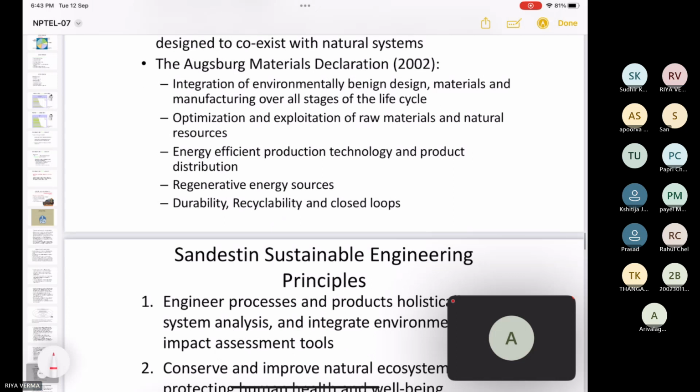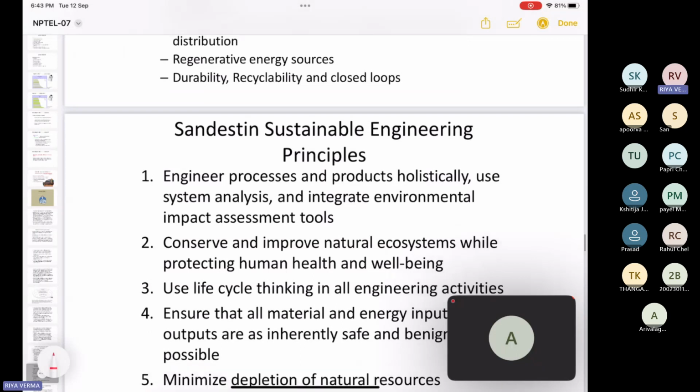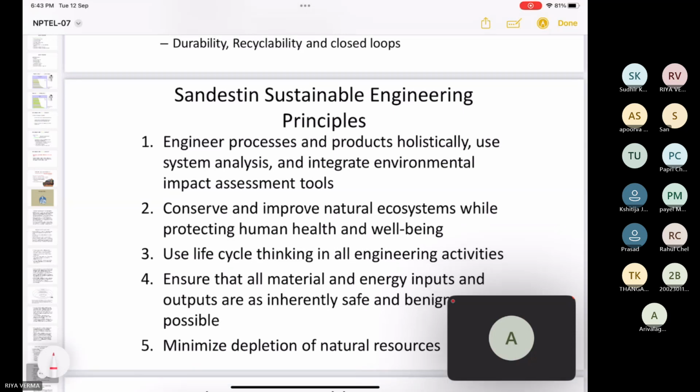And then we have the Sanderson Sustainable Engineering Principles.